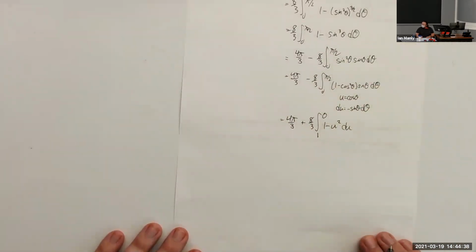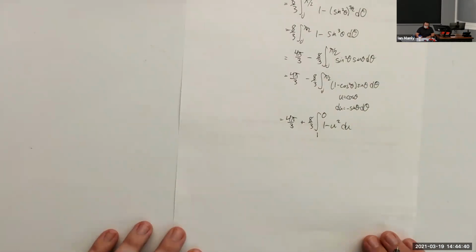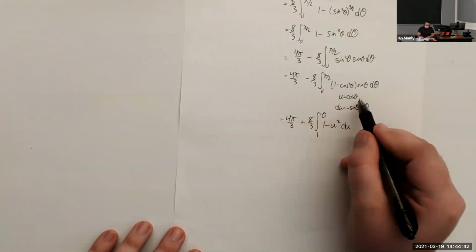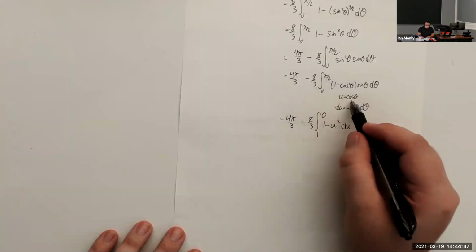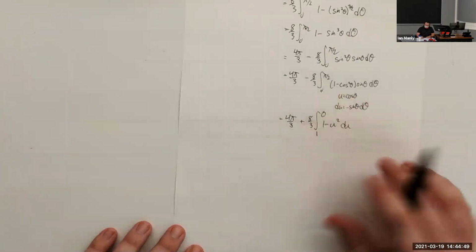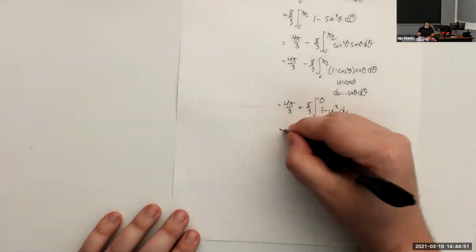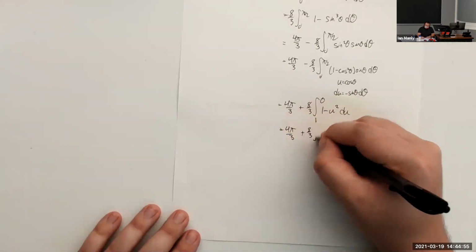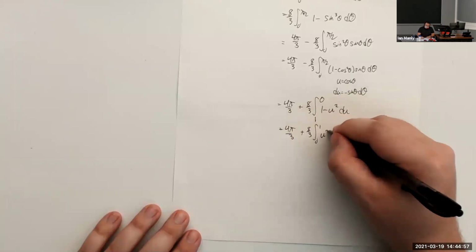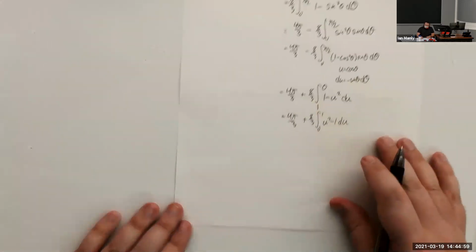And why will the bounds be 1 to 0 here? Well, if I plug in my lower bound, cosine of 0 is 1. If I plug in my upper bound, cosine of pi over 2 is 0. So this is the same thing if I flip the bounds in the correct order, of u squared minus 1 du.